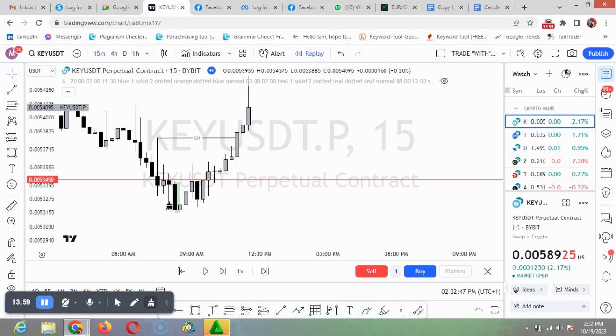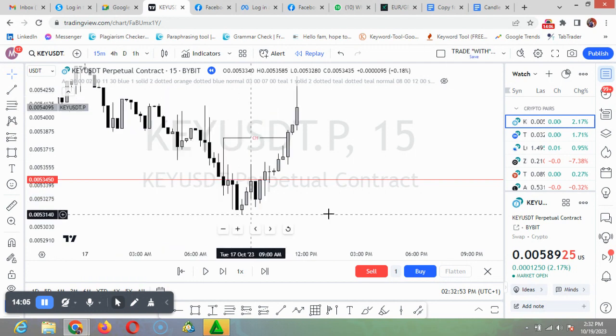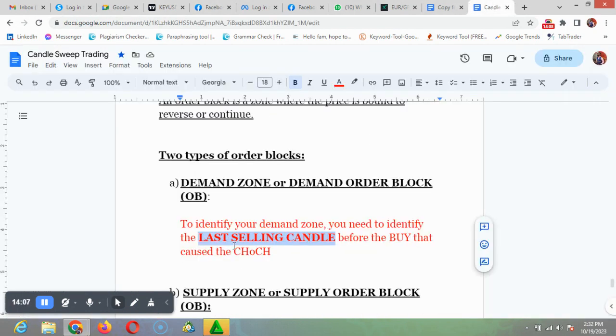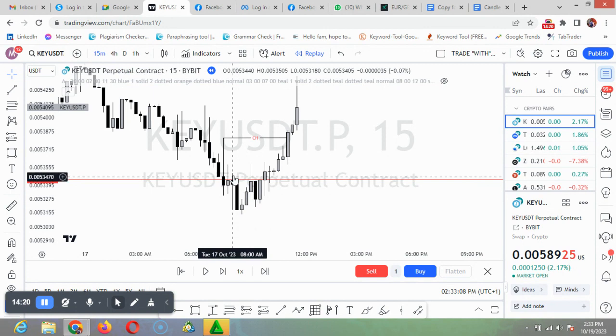To identify your order block, the rule says that to identify your demand zone, you need to identify the last selling candle before the buy that caused the church. So this black candle here is the last selling candle.